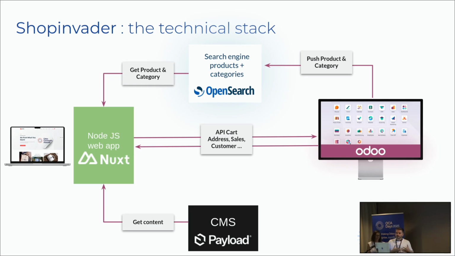we want to add the product to the cart, and at this time we will interact with Odoo through the Shopinvader modules plugged into Odoo. These modules add an API to Odoo, and this API is used to do all the e-commerce logic: add a product to the cart, retrieve customer, retrieve address, create address, do a quotation, for example.